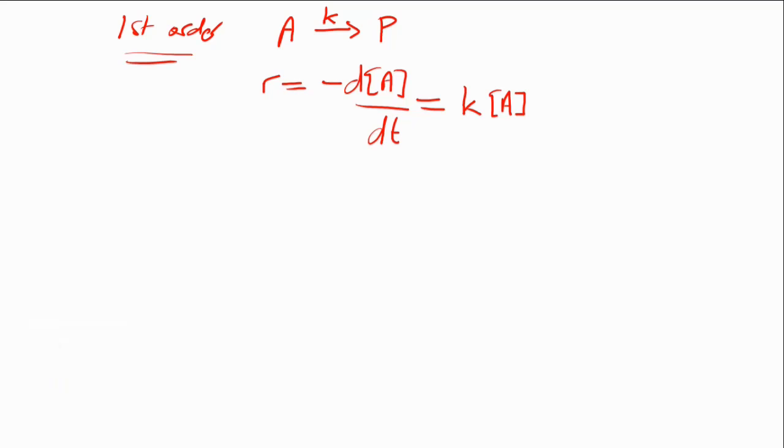Okay. We could play around with this rate law a little bit, such that we get something which is a little bit more interesting, which is what we like to call the integrated rate expression for first order reactions. However, before I do that, let's mention some properties of first order reactions.